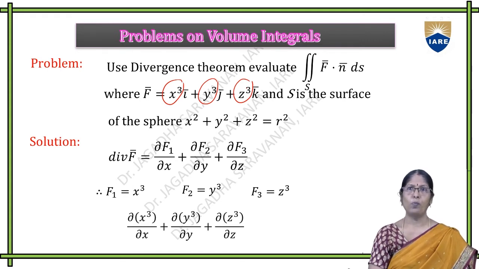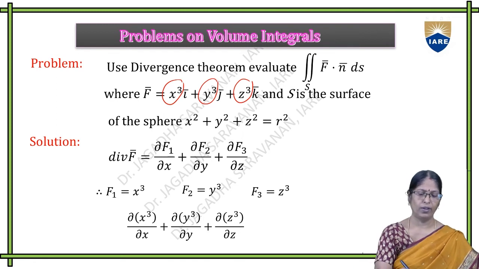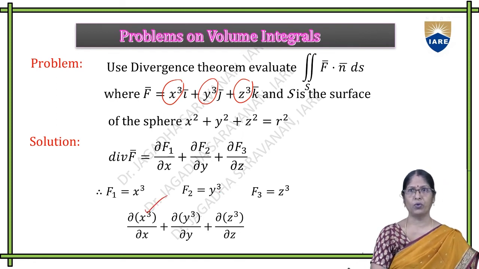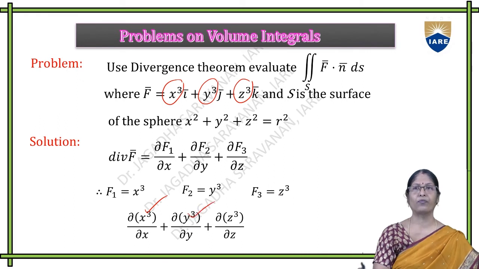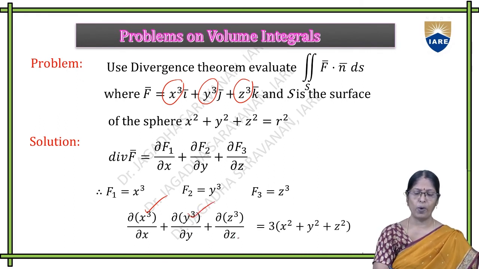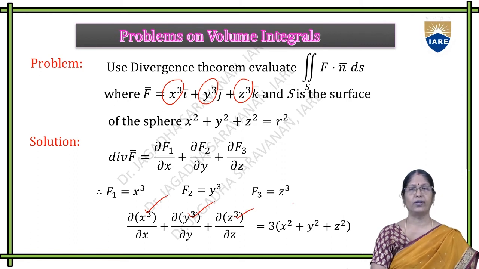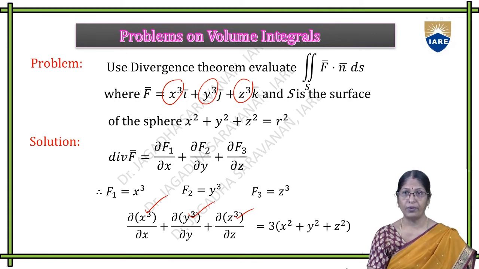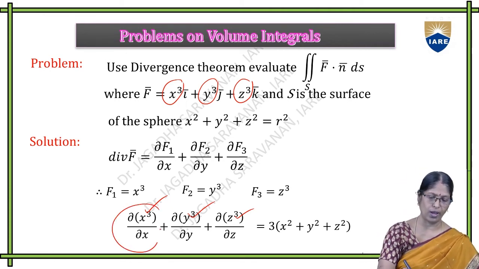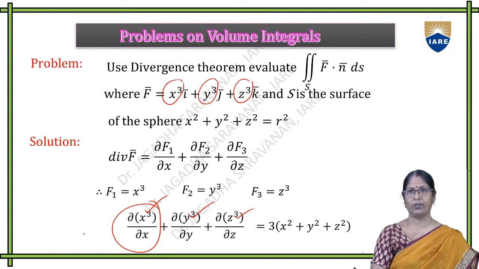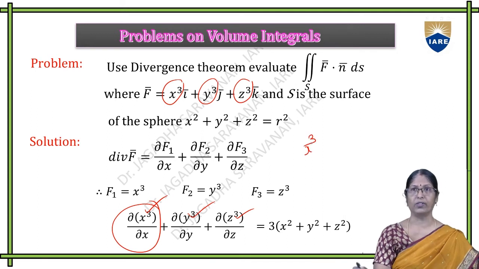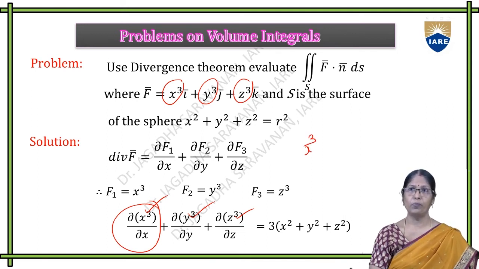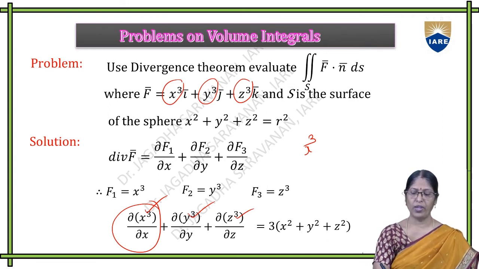So now del by del x of f1, that is x cubed, del by del y of f2, that is y cubed, del by del z of f3, that is z cubed. We do the partial differentiation now. The first one, with respect to x, x cubed gives 3x square.